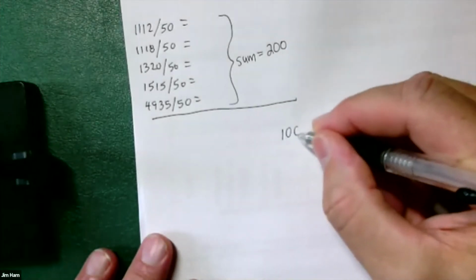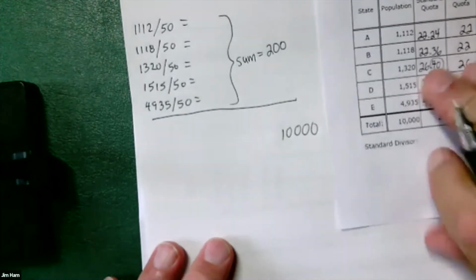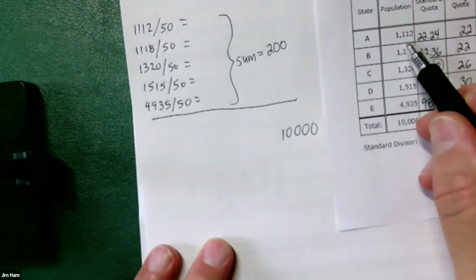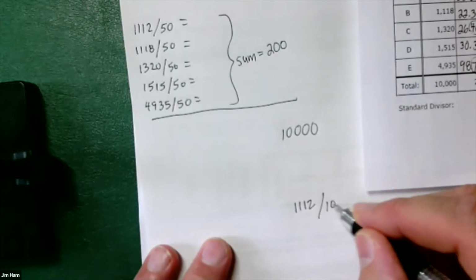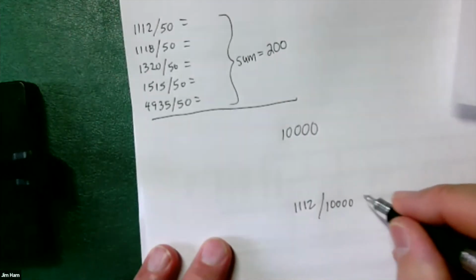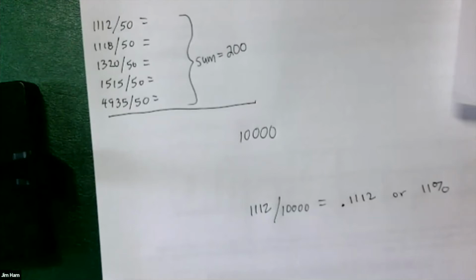There are 10,000 in the population, and if you take 1112 and divide by 10,000, you're going to get the decimal 0.1112, or about 11%. Since state A makes up about 11% of the whole population, maybe they should get 11% of all of the seats.